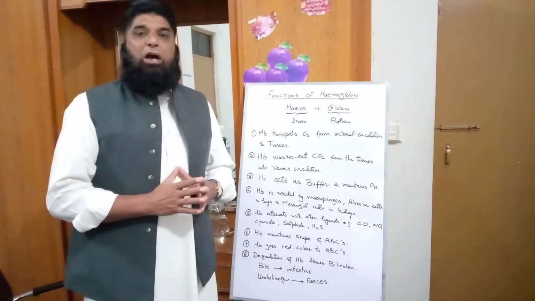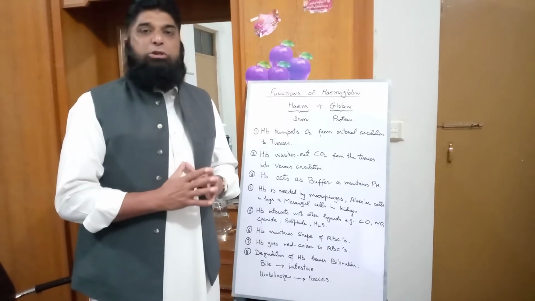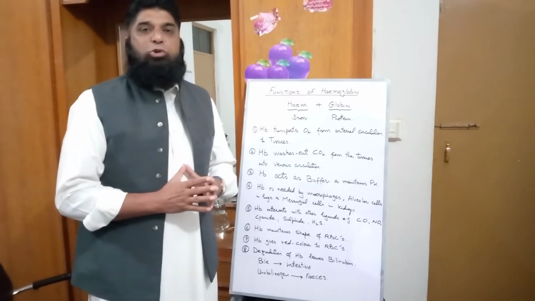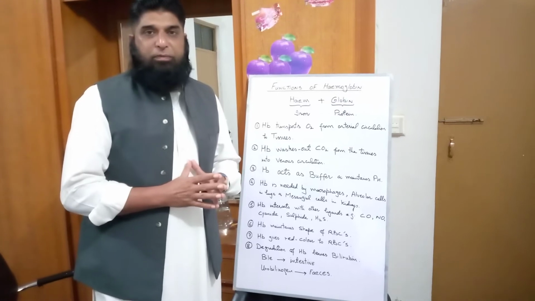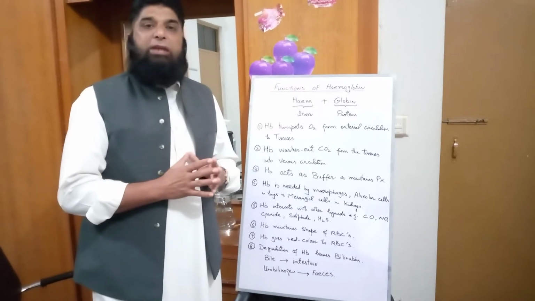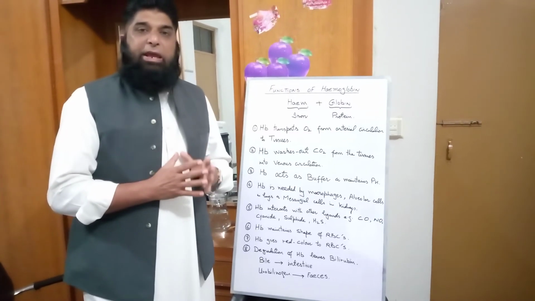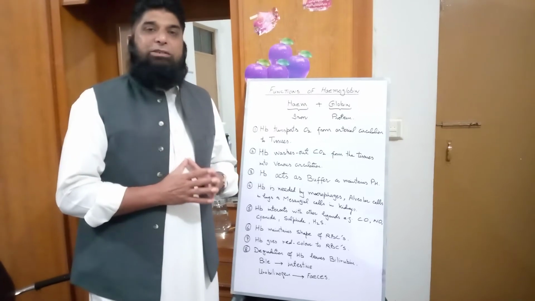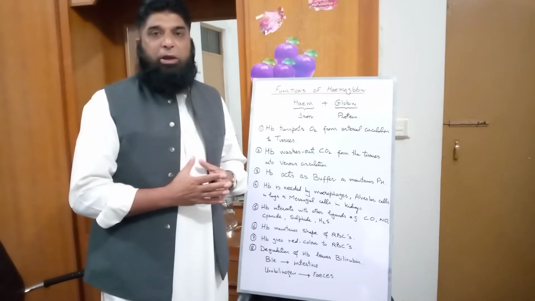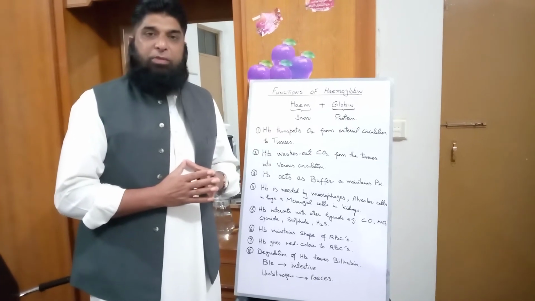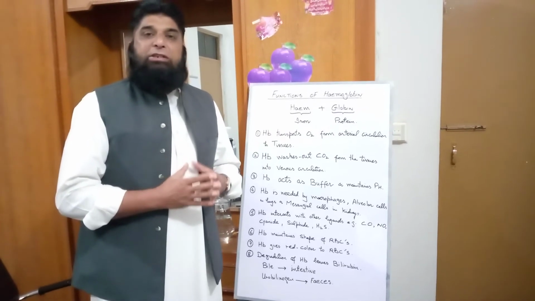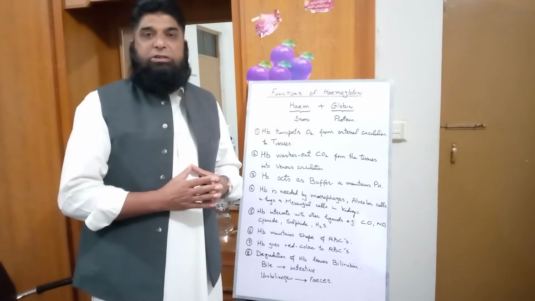Students, there are more than 200 variants of hemoglobin in different parts of the world. We don't call them abnormal hemoglobin. Instead, we call them variants of hemoglobin. For example, hemoglobin S. It is present in sickle cell anemia disease.